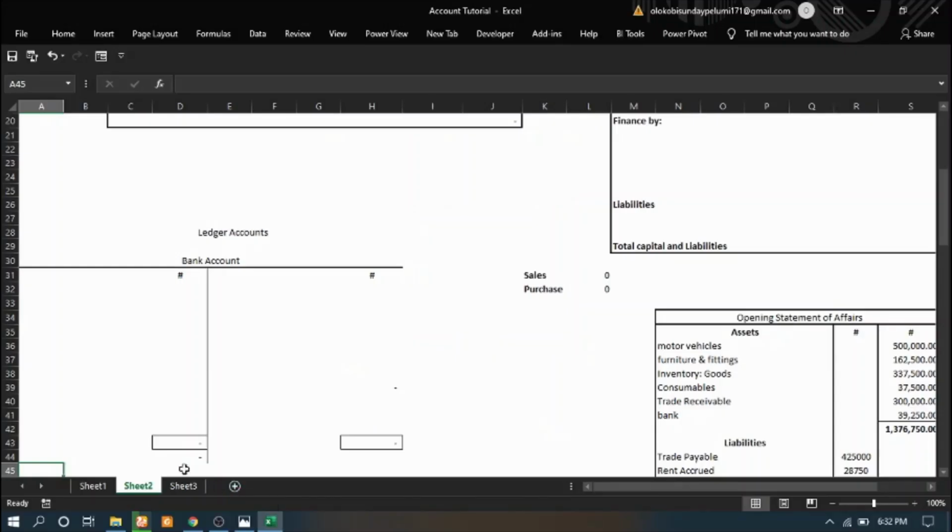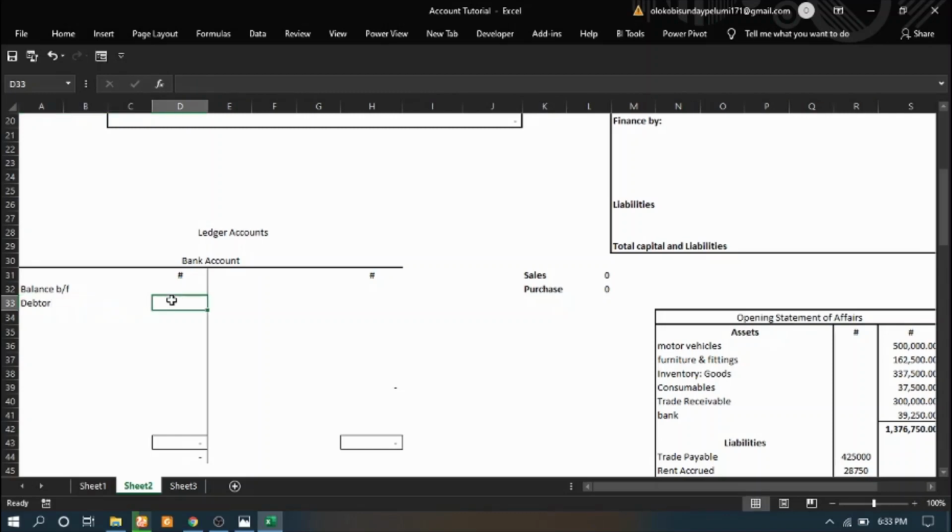So let's quickly do that. So bank account, we can have balance brought forward. I think we have debtors as the receipt in the period.